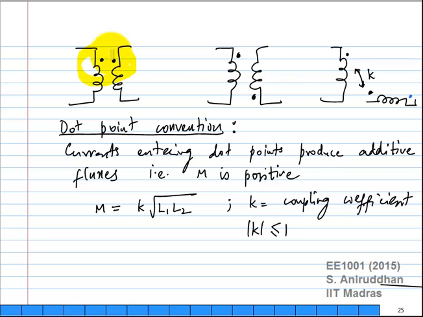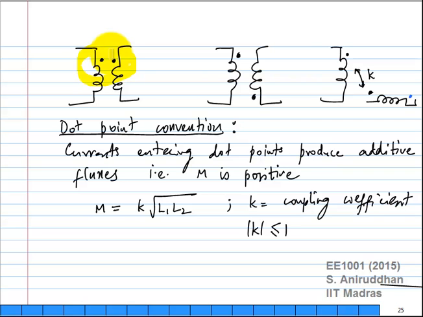Number two, it shows you the direction in which they are coupled, because the dot point convention says that currents entering dot points in the symbol for the coupled inductor produce additive fluxes. What does additive flux mean? It means that they tend to reinforce each other, which means that M is positive. The mutual inductance is positive. They are positively coupled.